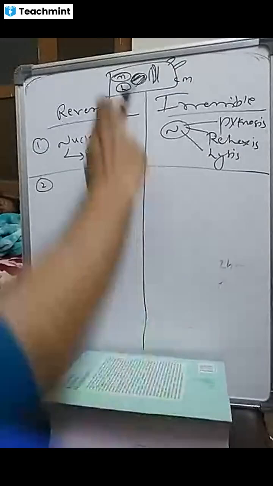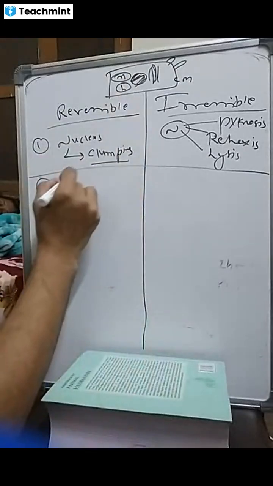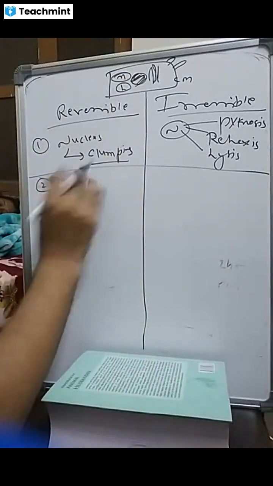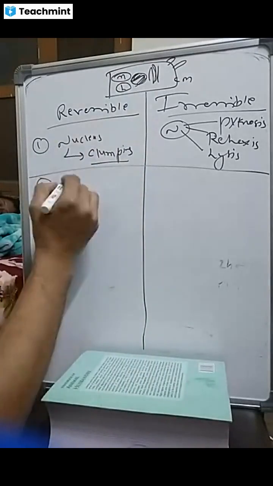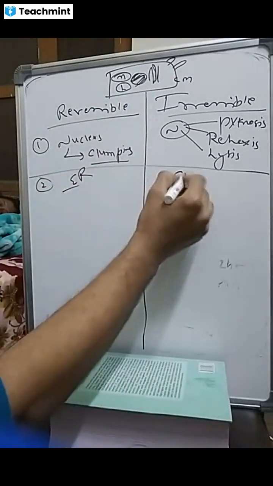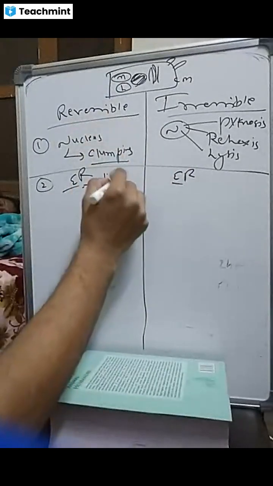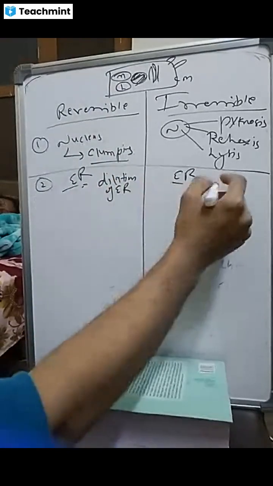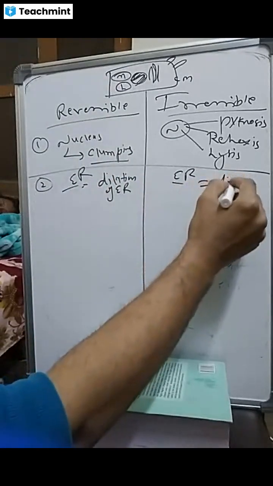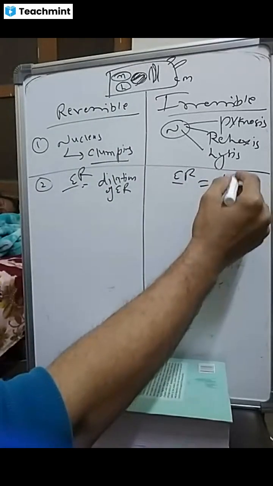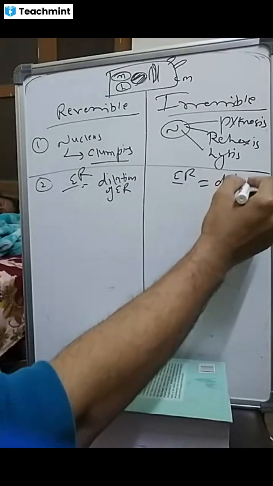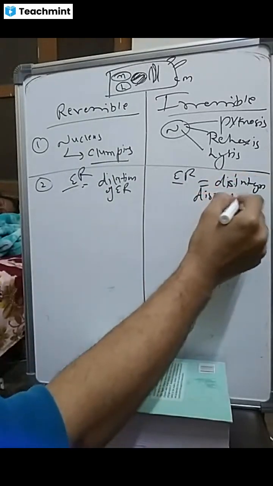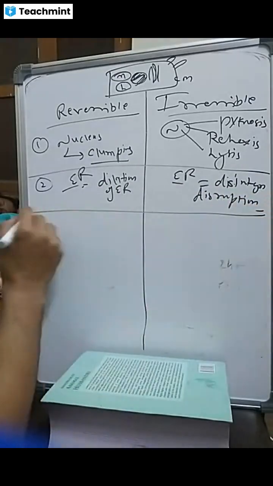Number two, with ER. In reversible cell injury, there is dilatation of the ER, but here there is lysis or degradation or disruption of the ER.